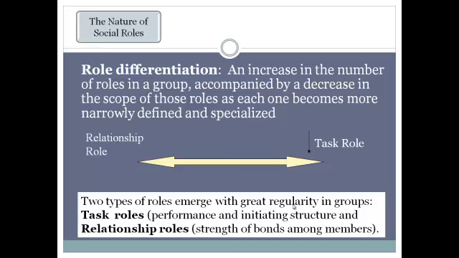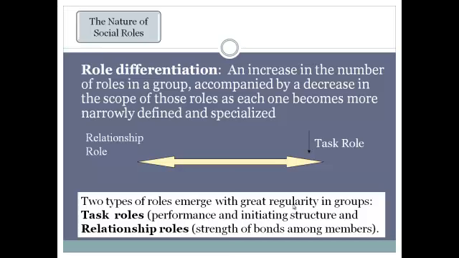Relationship roles are roles involving building up the bonds among the members, perhaps keeping a light spirit, making jokes, keeping everybody motivated, keeping everybody happy. Think about a sports team, like a baseball team. The task role might be a second baseman or a pitcher or a shortstop. They have particular roles they have to play when it comes to the job at hand.